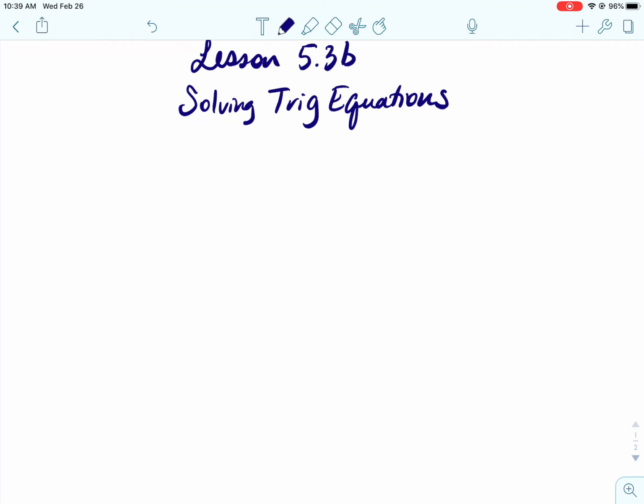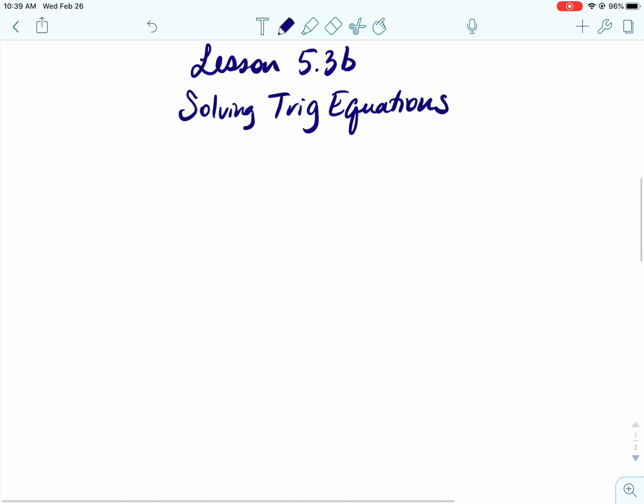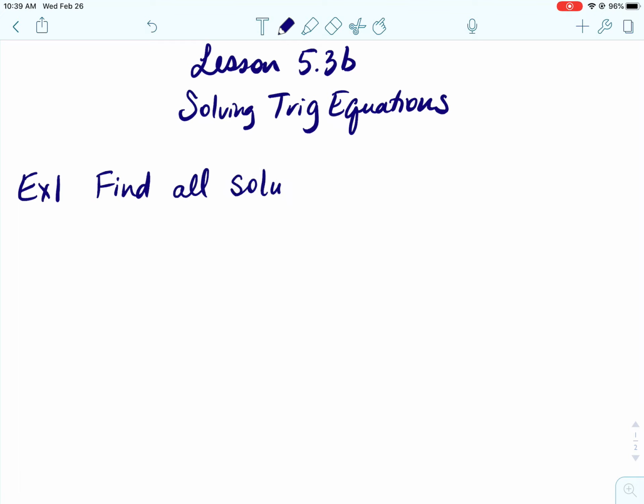Okay, and like I said, for our examples, the directions are going to be find all solutions in the interval from 0 to 2 pi.